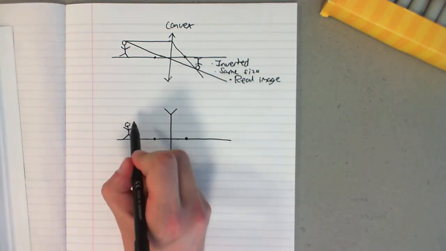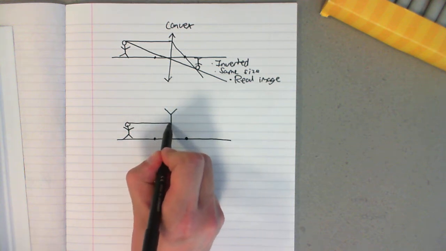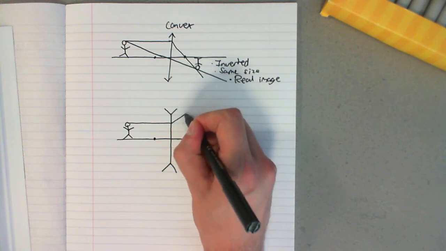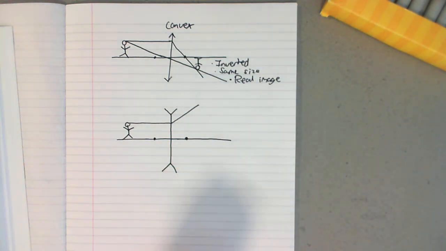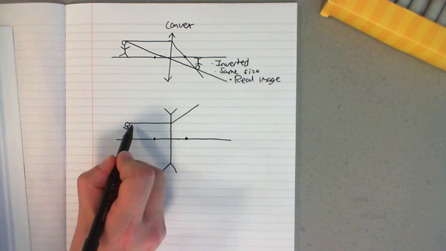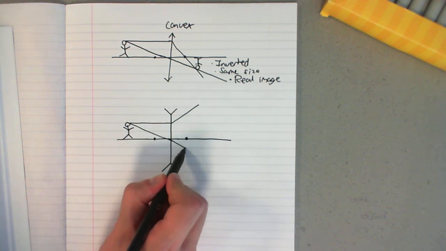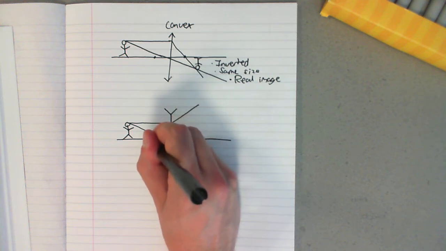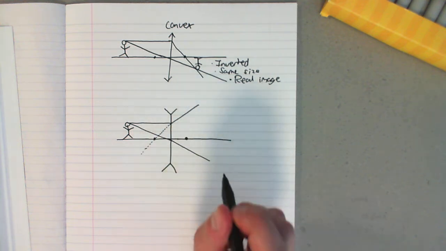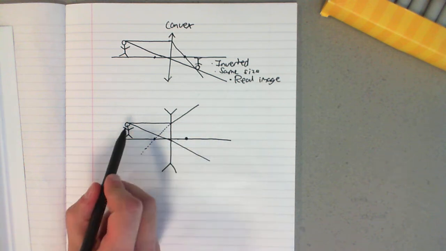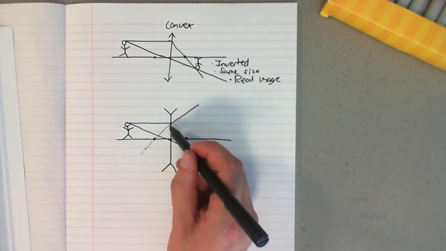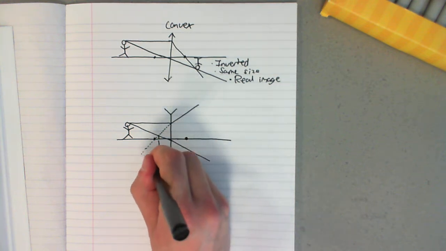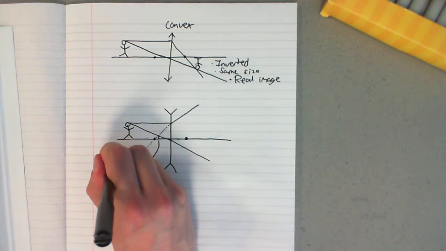We draw a line from the top of the object to the lens, but this time because it's concave, it diverges away. We still draw a line from the top of the object through the centre, but this time we draw a dashed line backwards. Where those two lines cross, that is our image. So our image is much smaller.